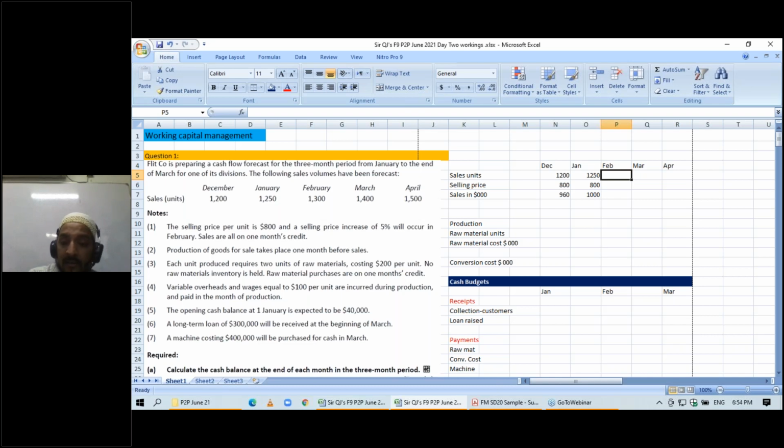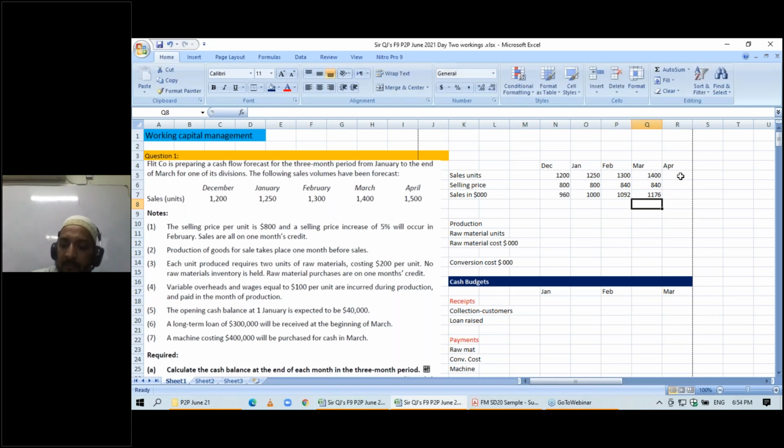So February, the sales units are 1300. Multiply this by 840. In February also the selling price is 840. So 1300 into 840, please use your calculator, students, gives you 1,092,000. Then in March, 1400 units will be sold at 840. 1400 into 840 will give you 1176.